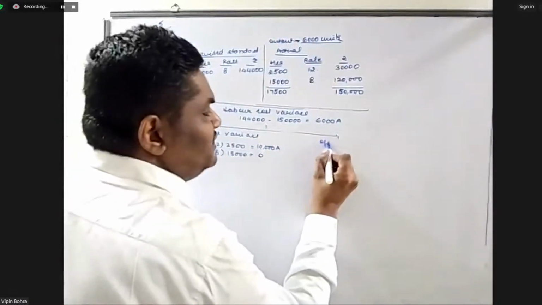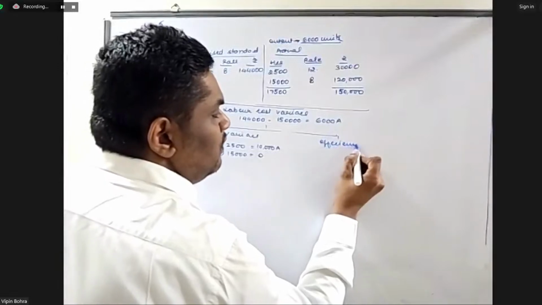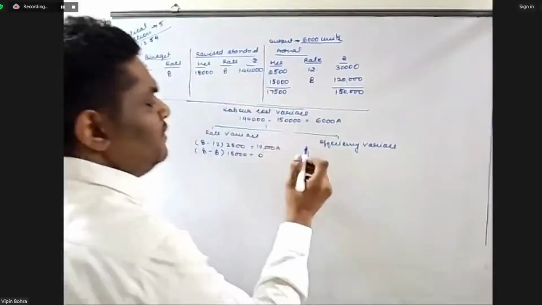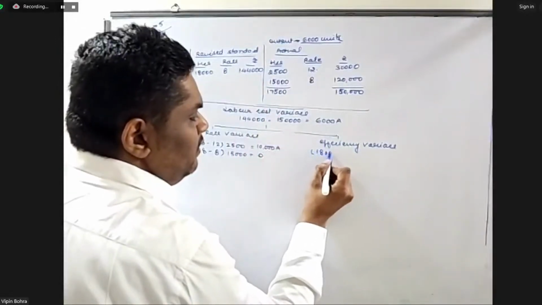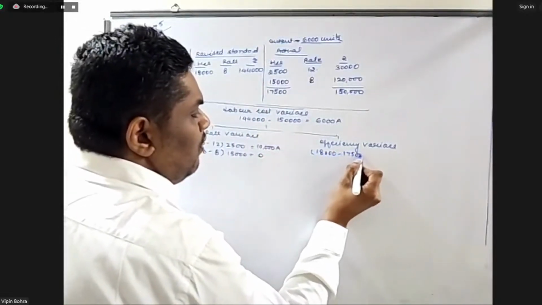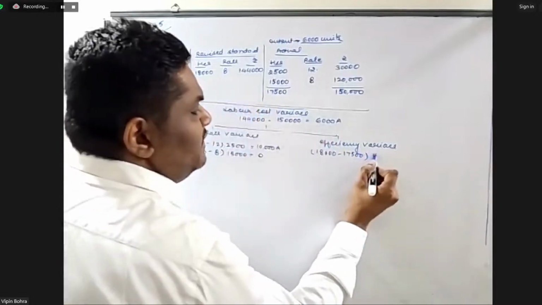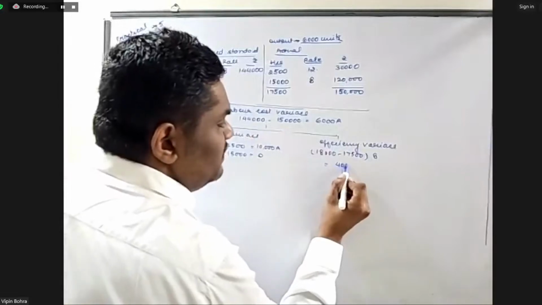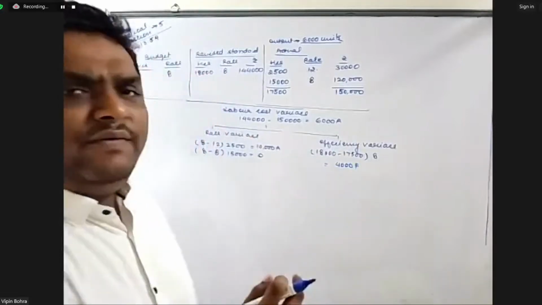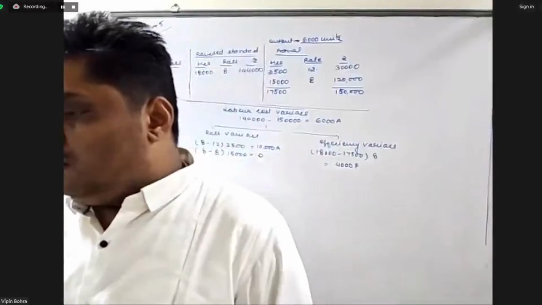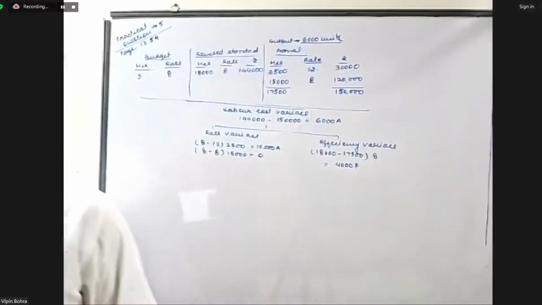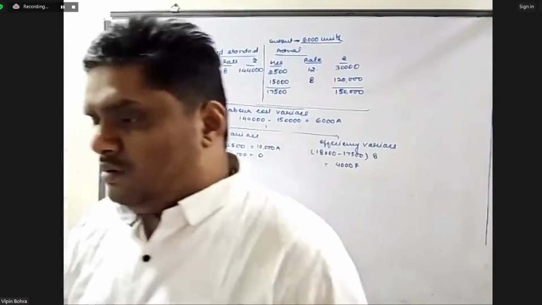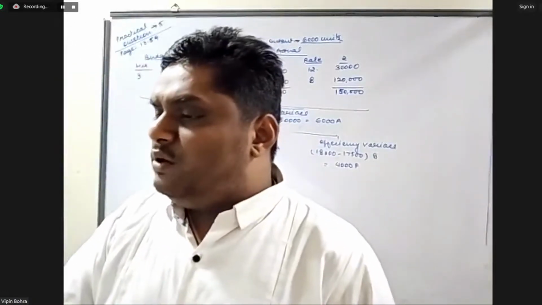When talking about efficiency variance, 18,000 minus 17,500 into my standard rate, that is 8. So this will be 4,000 favorable. This is a very easy question, Shweta. I request you to please recheck your calculation.